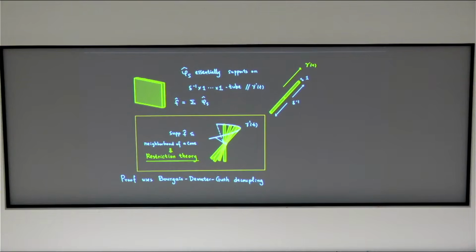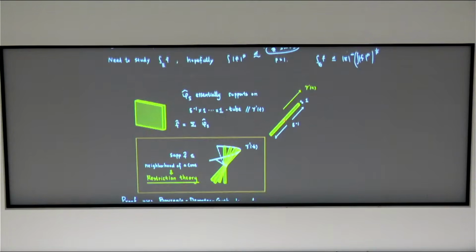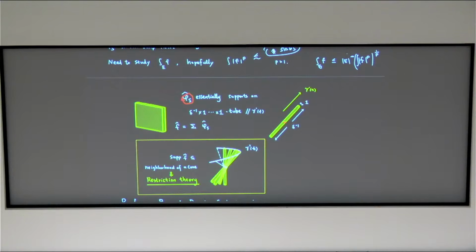Yeah, that's a good point. So I lied a little bit, and you caught it. When I say this is supported on a curved object, it's true only at the high frequency part, because phi S is just a smooth bump function. The Fourier transform has its essential support centered at the origin. So the tubes are all centered at the origin, and near the origin they all intersect.